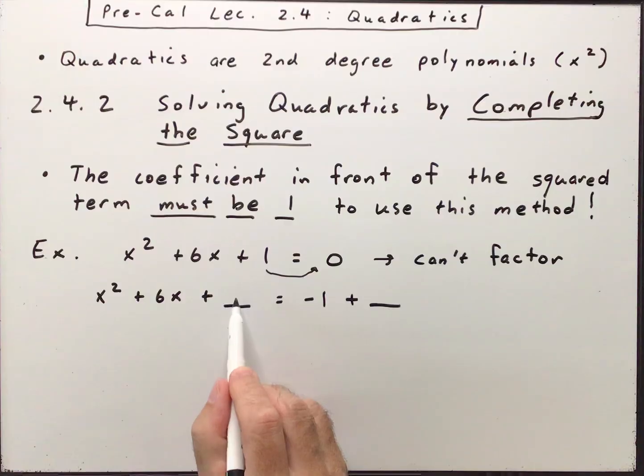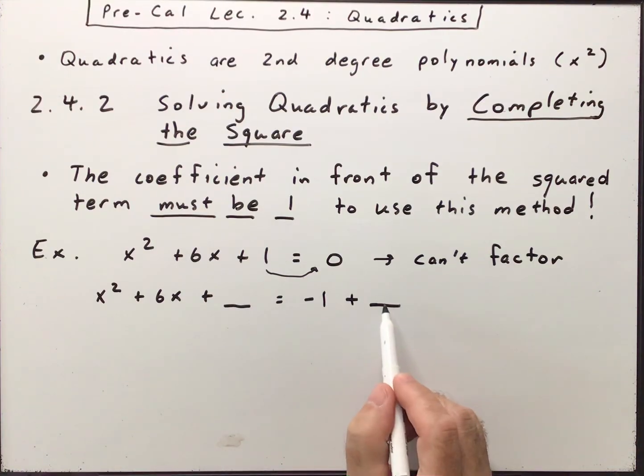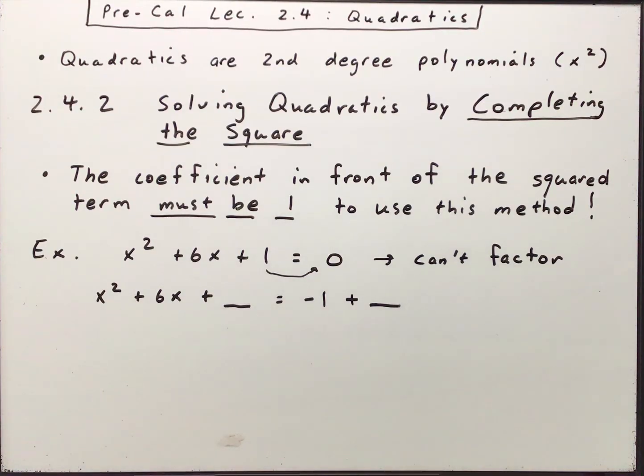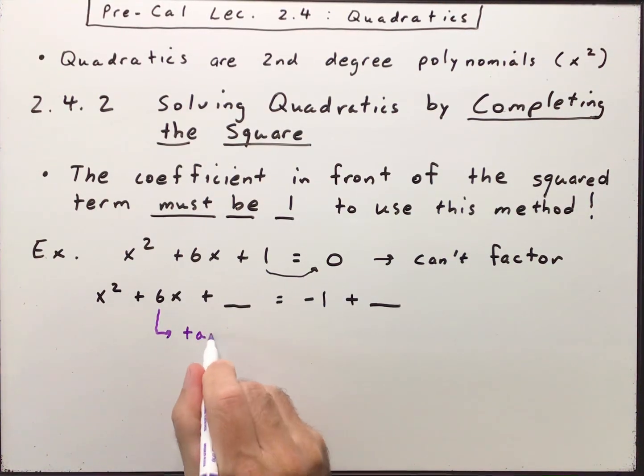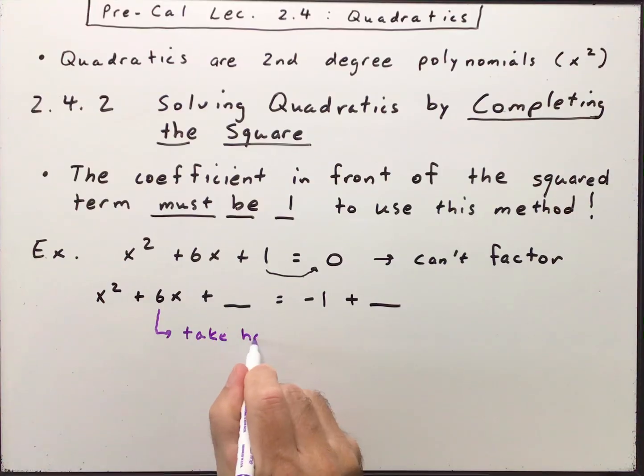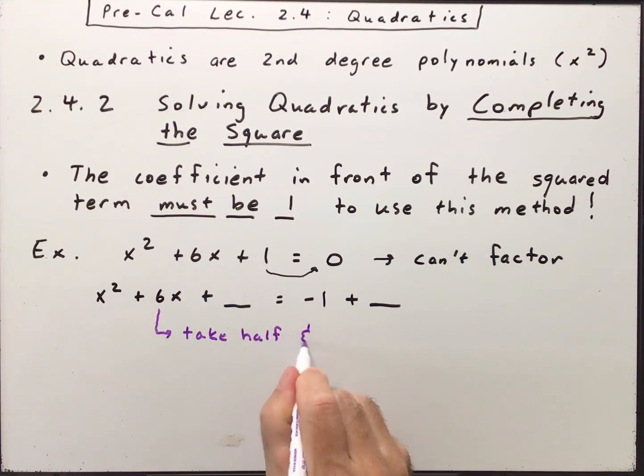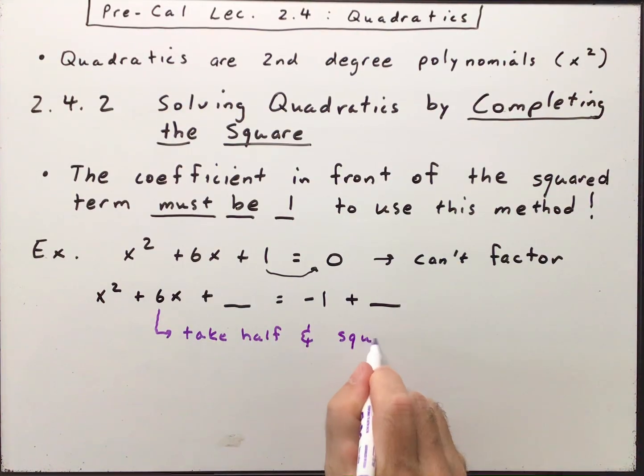All right, all I did was move that 1 to the right side, and then I've got a blank there, and in order to add something to the left side, I have to add the same exact thing to the right side. So what you want to do is the coefficient in front of the x, you want to take half and square it.